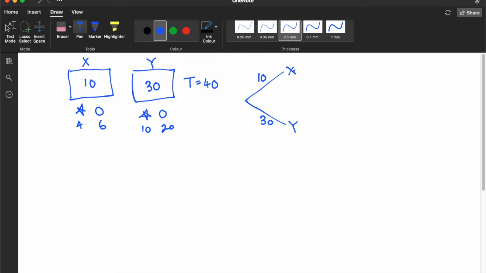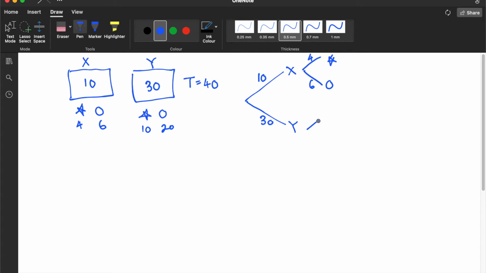But these 10 shapes in box X can be differentiated further. So I'm going to introduce another branch. The first one is for star, the second one is for circles. How many stars do we have in box X? 4. So I'm going to write 4 here. How many circles? 6.